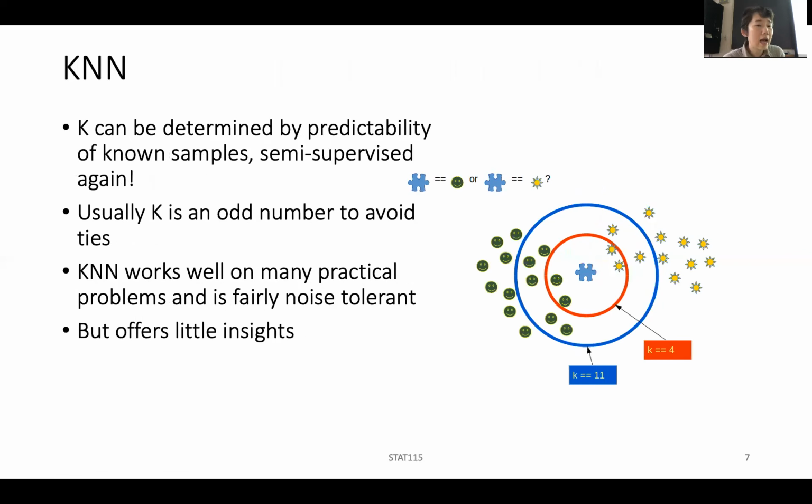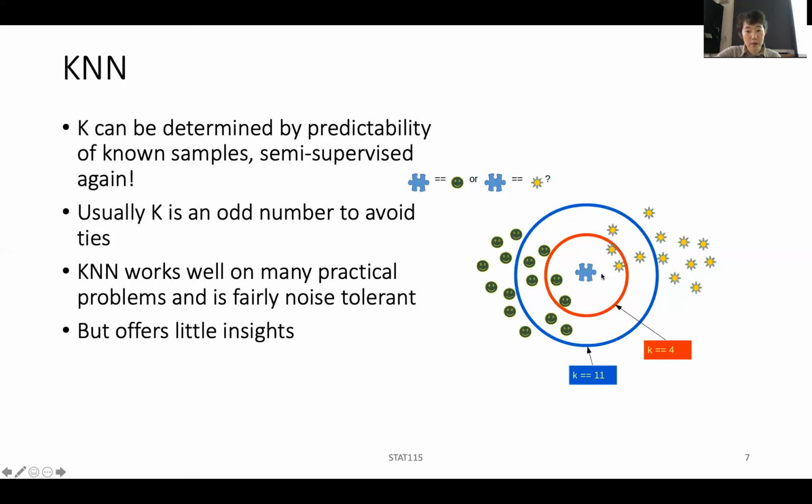And so the question is, how do you determine how to choose K? You can see this is how they actually do it. K can be determined by the predictability of the known samples. So supposedly, we have some samples that are normal, and we have some samples that are diseased. And then there's an unknown sample in here.